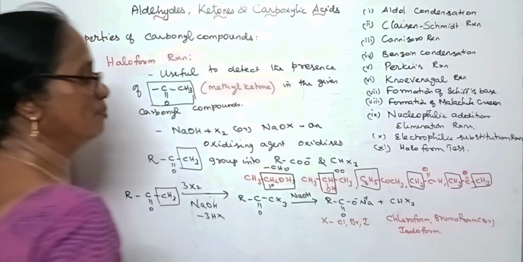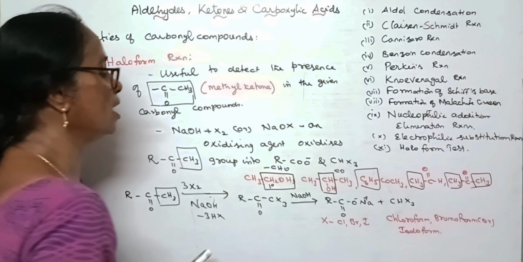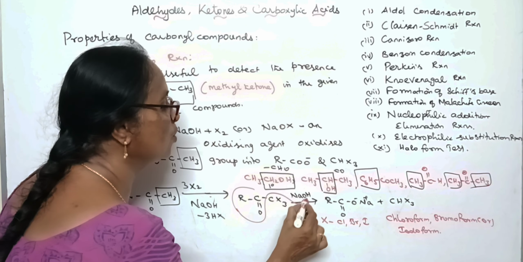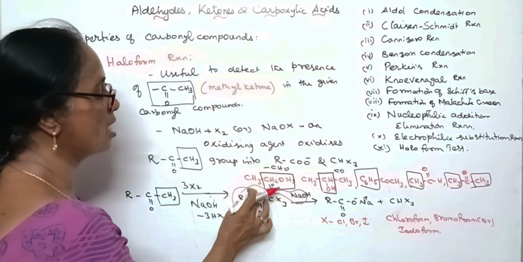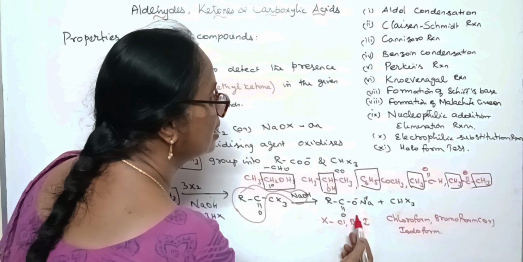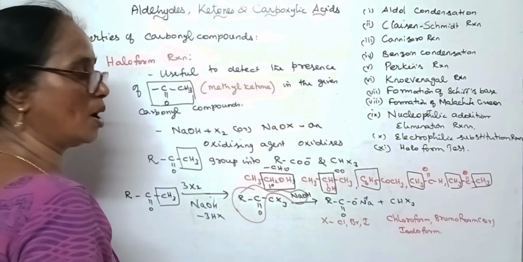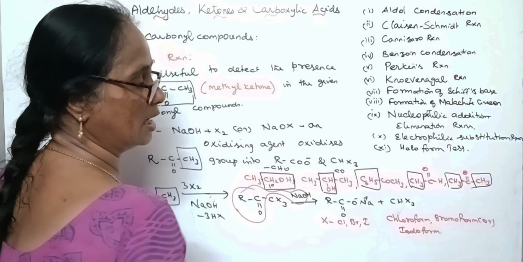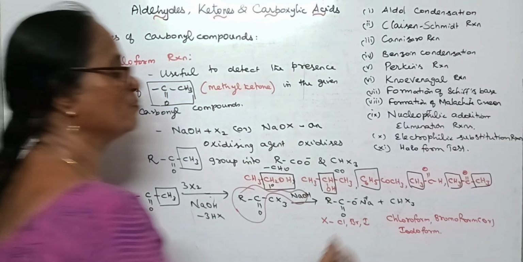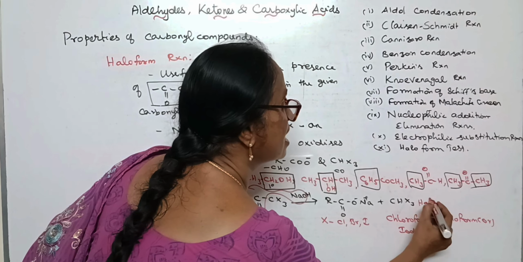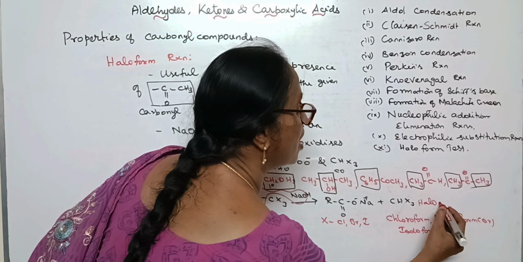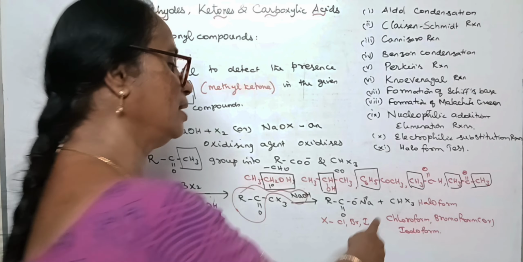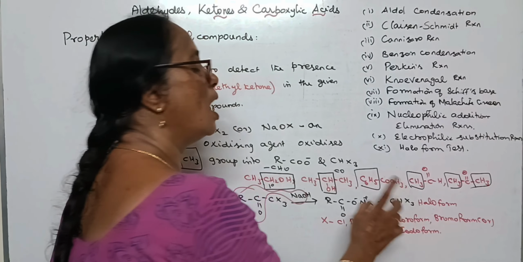Followed by treatment with sodium hydroxide, you find the formation of RCOONa, the salt of the carboxylic acid, and CH3 with the hydrogen forms CHX3, known as haloform. This haloform depends on the presence of a chlorine, bromine or iodine atom. We can get the corresponding chloroform, bromoform or iodoform.